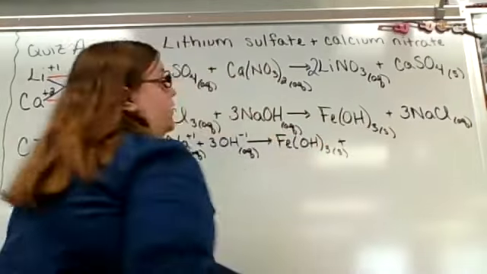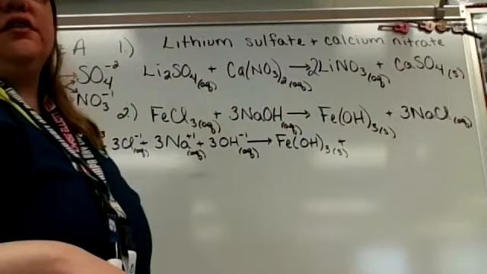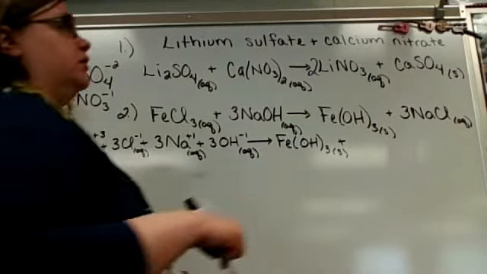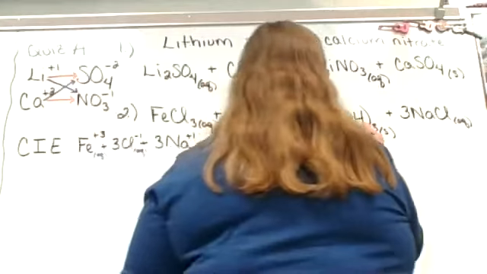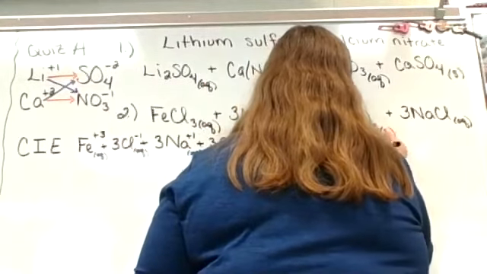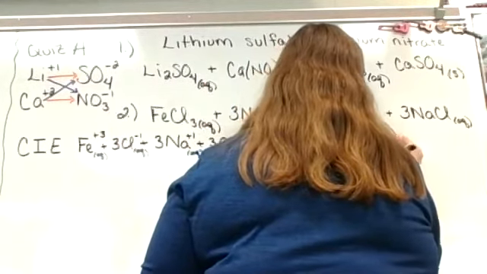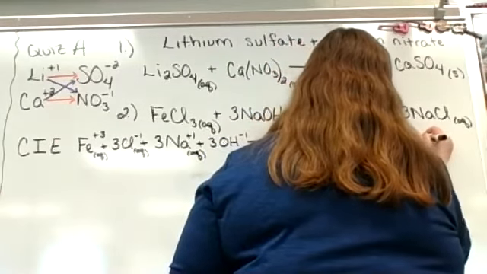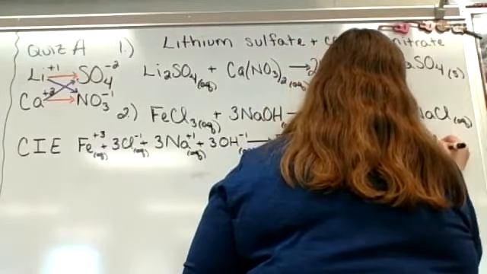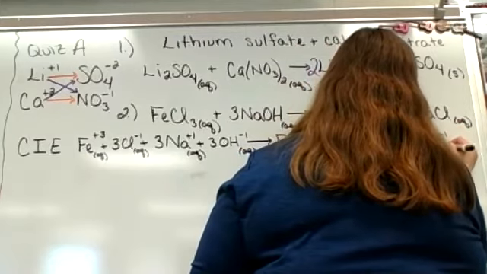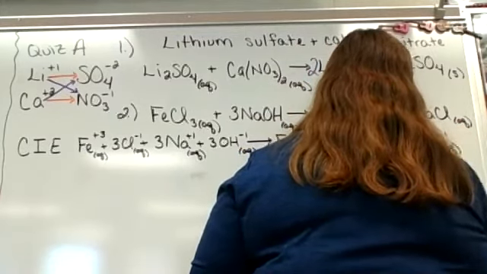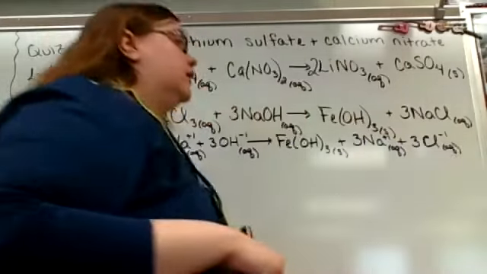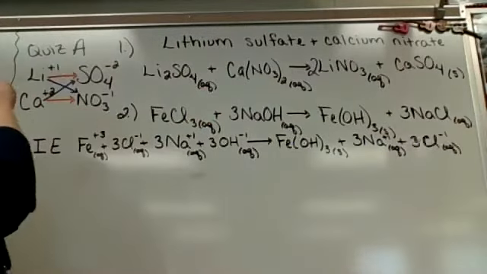And then the 3 NaCl is aqueous, so we are going to split that apart into 3 Na plus 1 ions, aqueous, plus 3 Cl -1 ions, because the balancing coefficient refers to all of the elements in that compound.